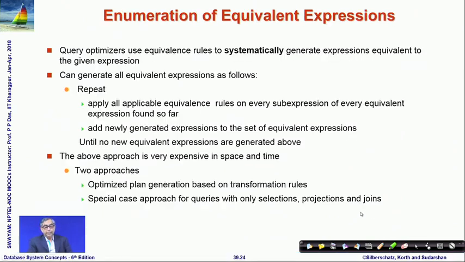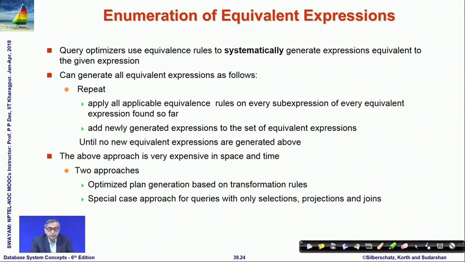So, basically, the strategy turns out that given a query, you will have to generate a whole lot of equivalent expressions. The number of equivalent expressions could be really large. So, you will have to systematically generate all these alternate equivalent expressions by applying the transformation rules that we have just seen, and continue till no new expression can be generated, and then evaluate each one of them based on their evaluation plan.